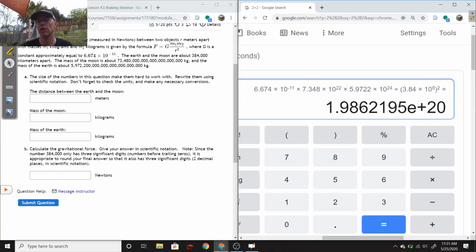Yeah, there was a 5 here, 50, now it's 62, so we're in the ballpark. So it's still 1.99 times 10 to the 20th. I just had a typo.